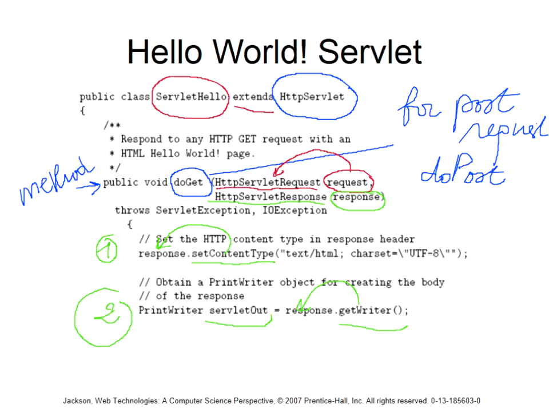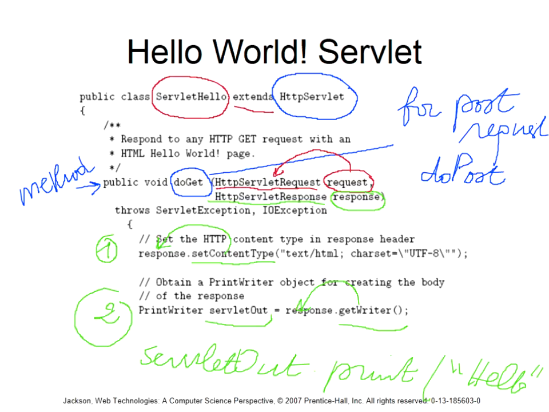Like System.out.println, here I will write, for example, servletOut.print("hello"). So my response in this case will be just the string hello. So the response that will be sent by our server to the client is the string hello, for example. Is it clear?